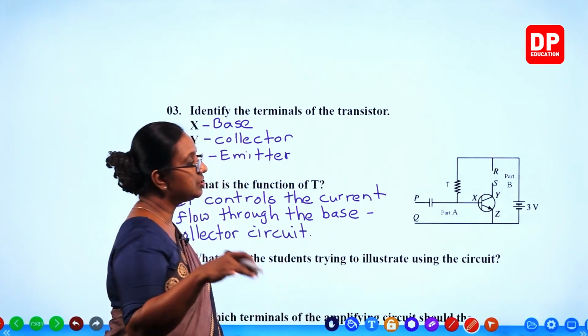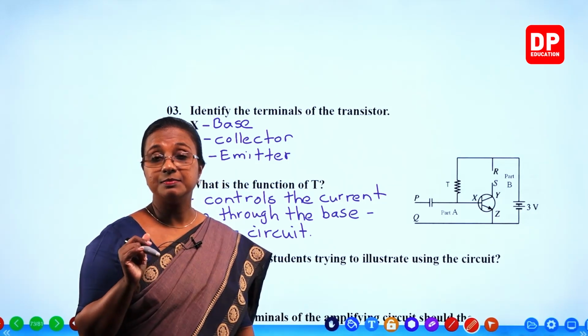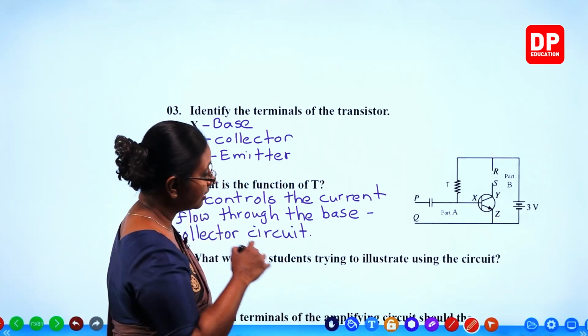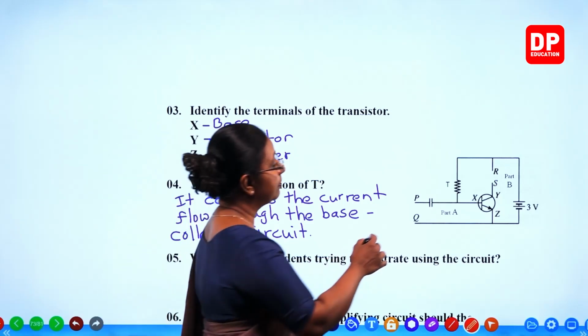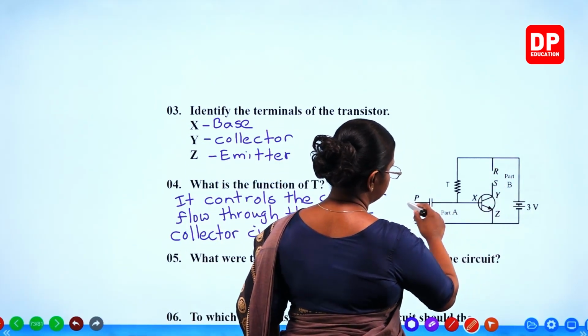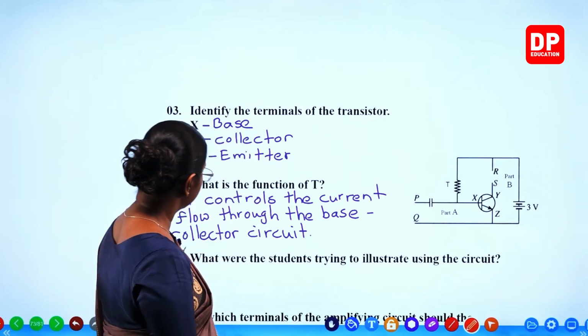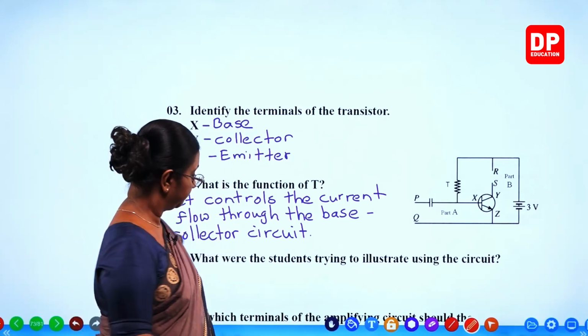So usually to reverse bias the base collector circuit so that the current flow is limited there. There will be more current flow through this. That is how we use the resistor.